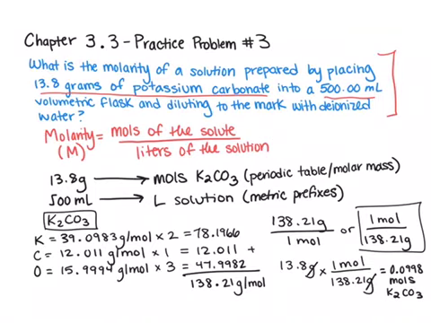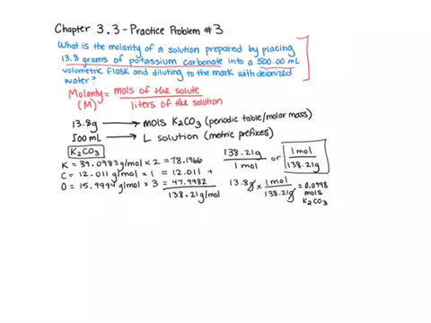So now we have calculated moles. The next step is to convert to liters, and then we can plug back in. So now the last step is to convert milliliters to liters. We can do this by using a conversion factor that you need to memorize, which is 1 liter is equal to 1,000 milliliters. This also can be written in two different ways.